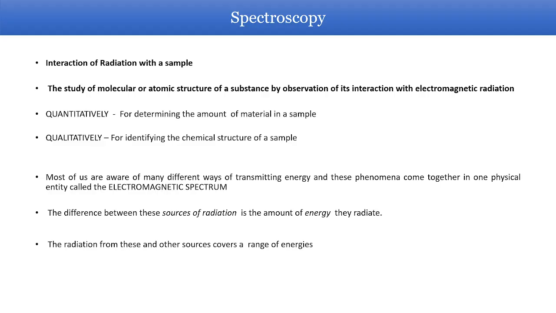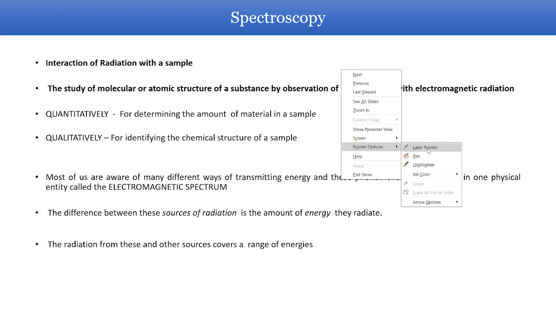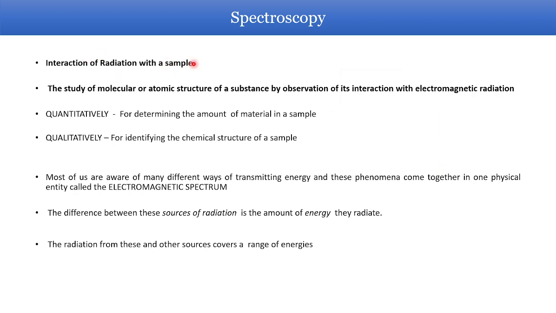As we have heard of this term, spectroscopy is the interaction of radiation with a particular sample. It is the study of the molecular or atomic structure of a substance by observation of its interaction with electromagnetic radiation.